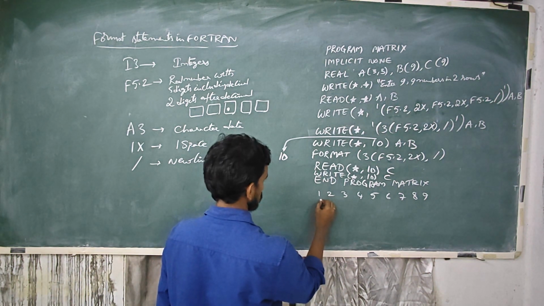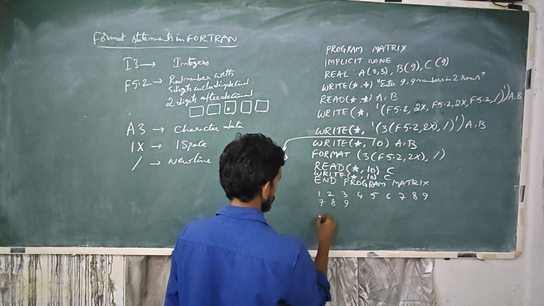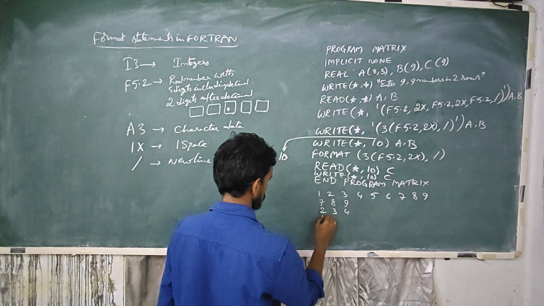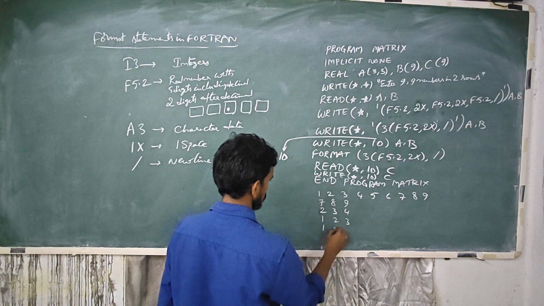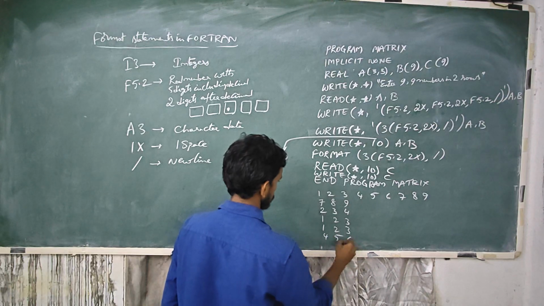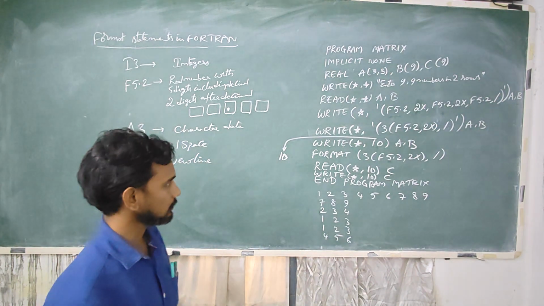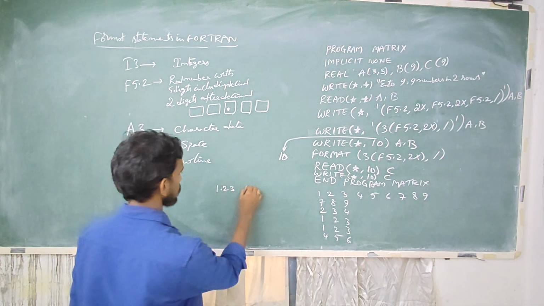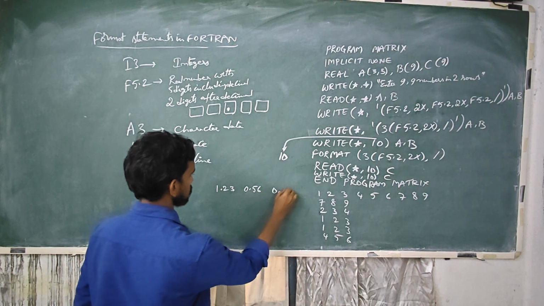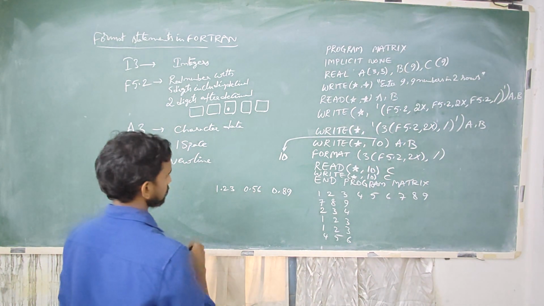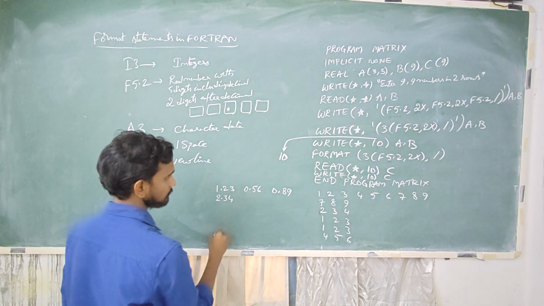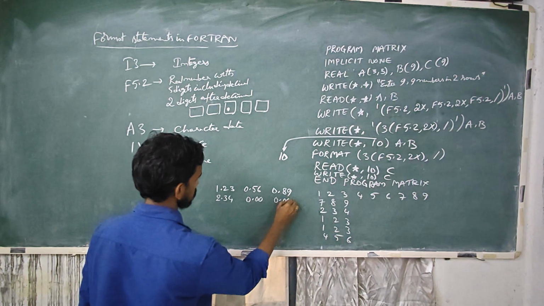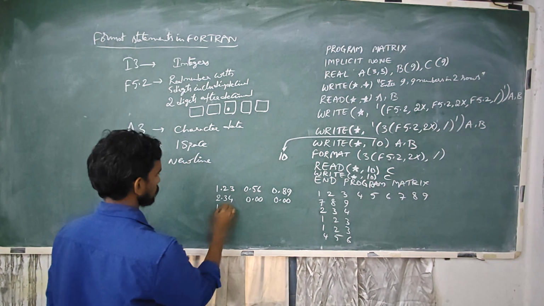Next one, 7, 8, 9, 2, 3, 4, 1, 2, 3, 4, 5, 6. That's all right. Now what is the output? It is 1.23, 0.56, 0.89, 2.34, 0.00, 1.23.